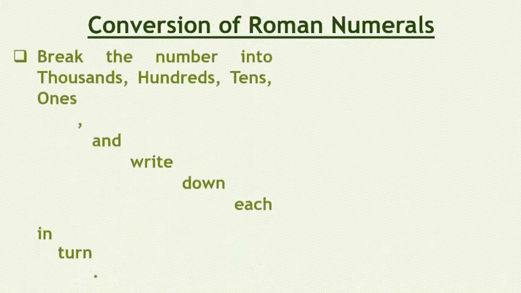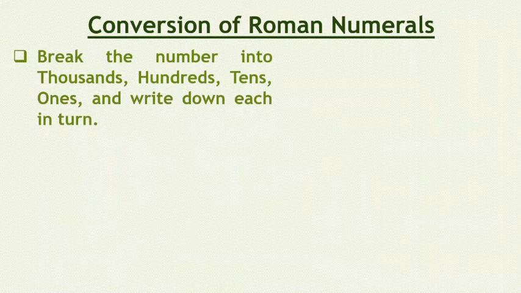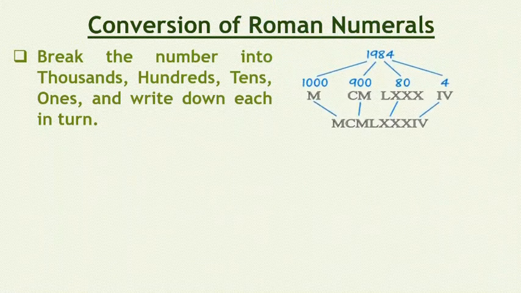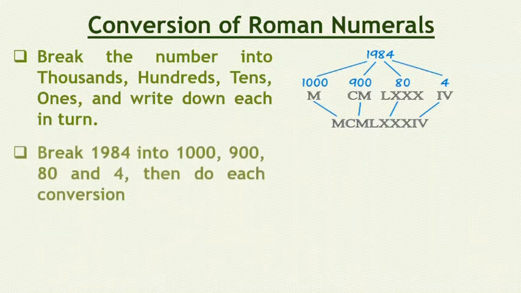Now we are going to learn the conversion of Roman numerals. Step 1. We have to break the number into thousands, hundreds, tens, ones, and write down each in turn, as you can see in this.